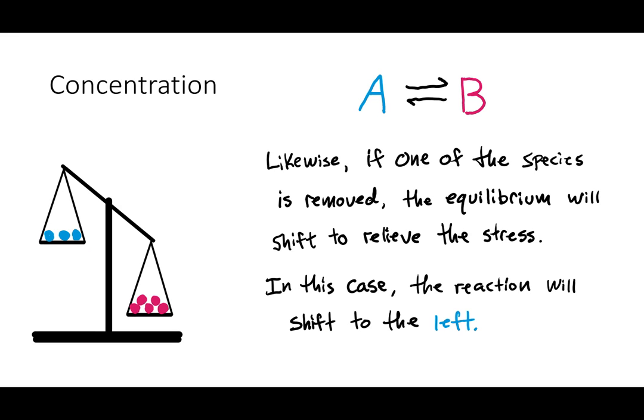Okay, likewise, if one of the species in this equilibrium, one of the compounds, is removed, the equilibrium will shift to relieve the stress in a similar fashion. In this case, the reaction will shift to the left. If you take some of this blue A off, then it will shift to produce more of it to get it back to equilibrium.